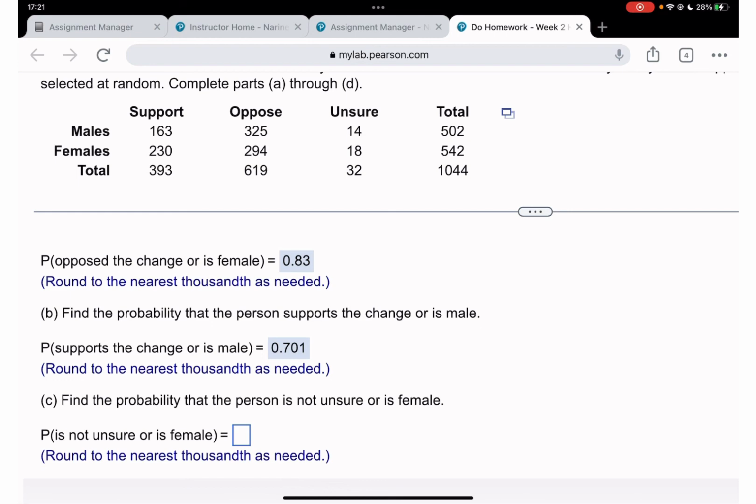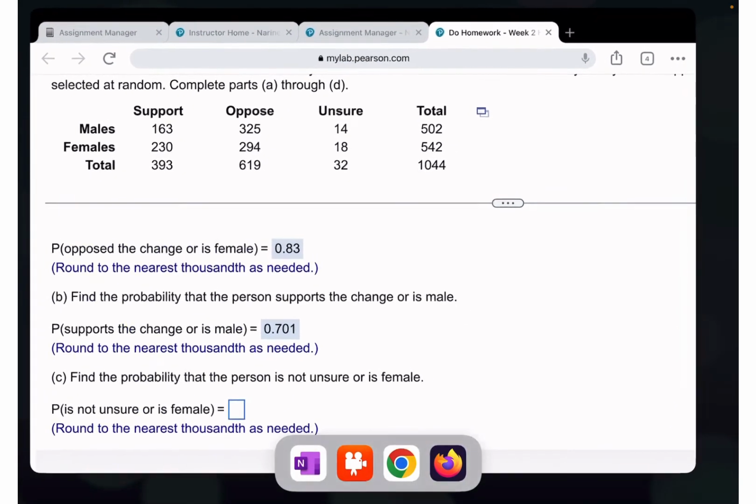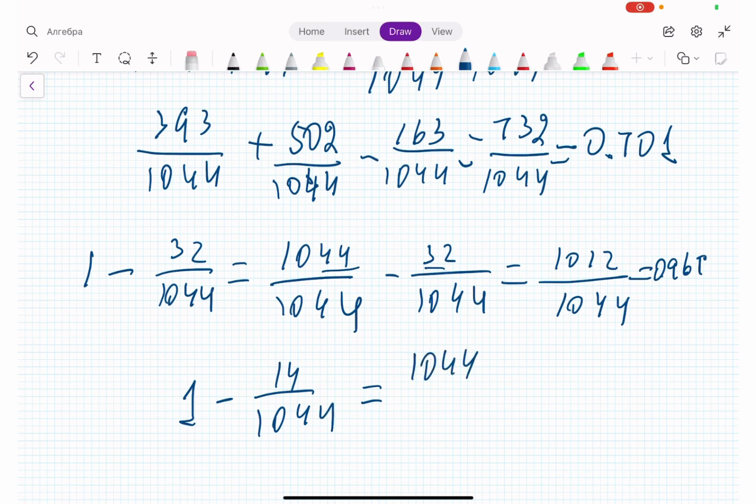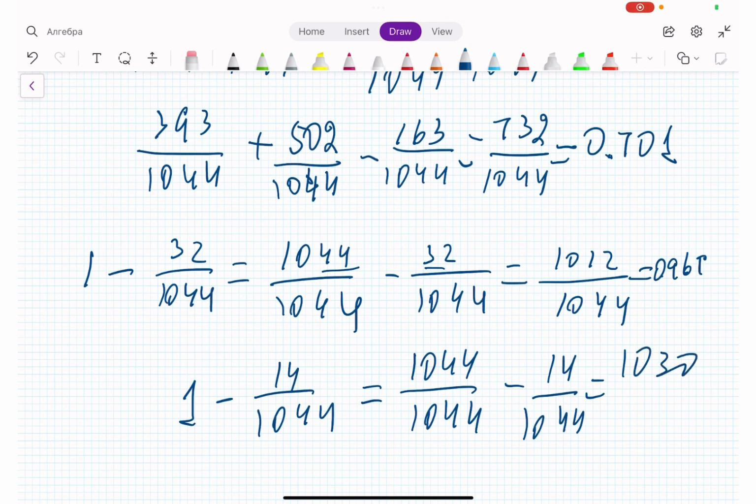So the probability of unsure and male is 14 out of 1044. And if we take the complement, we get the probability of not unsure or female. So here we get 1044 minus 14 over 1044. This is going to be 1030 over 1044.